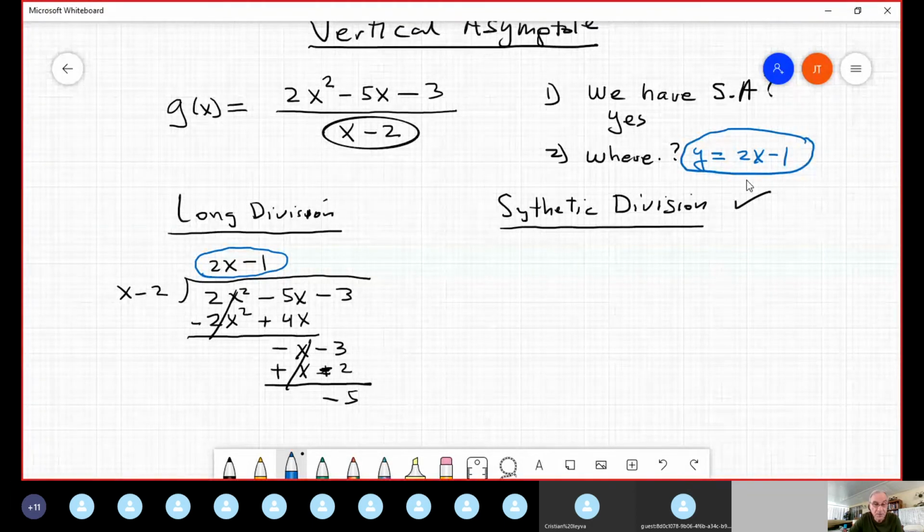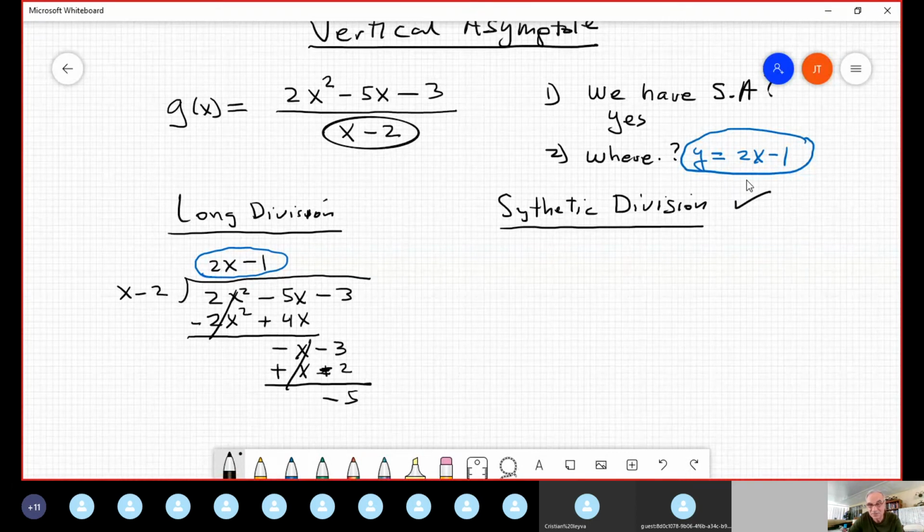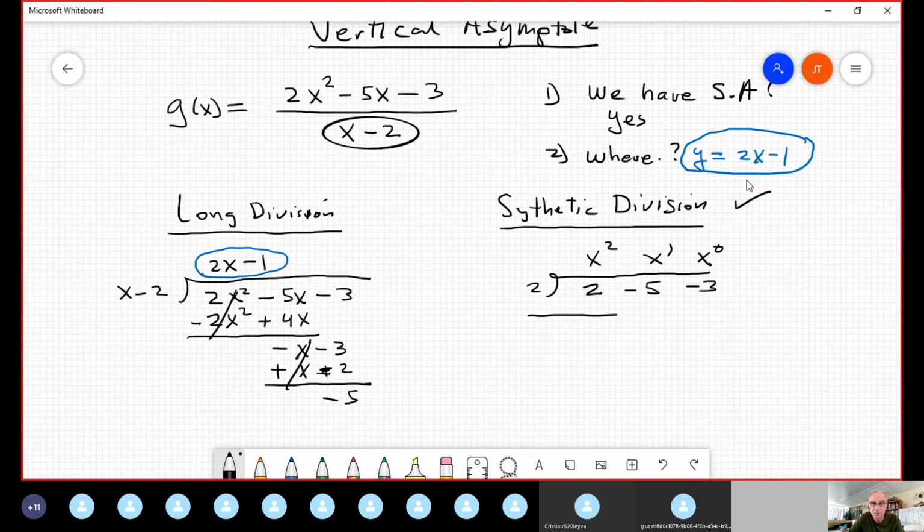Let's do it by synthetic division. And the choice is yours, either way. 2, negative 5, and negative 3. This is x squared, this is x, this is the constant. And you divide by positive 2, because it's negative 2 in the binomial, but it's 2 here. Bring down 2. 2 times 2 is 4, negative 1.